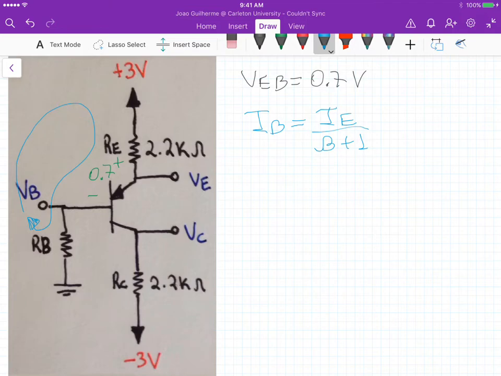Now let's write the equation for this loop, call it loop 1, and we start up here at the plus 3 volt source.